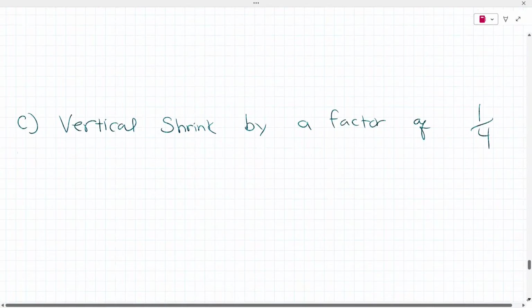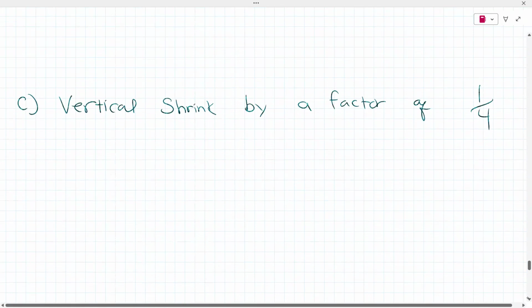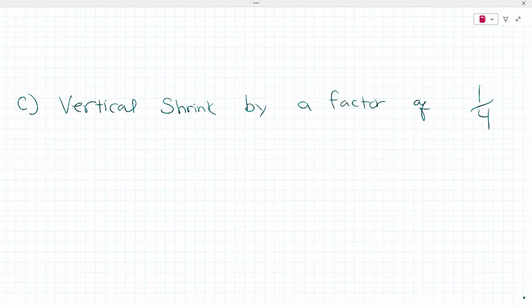Vertical shrink of a factor 1/4. So a vertical shrink, when did we say vertical shrink? Is when the a value is less than 1 and greater than 0.